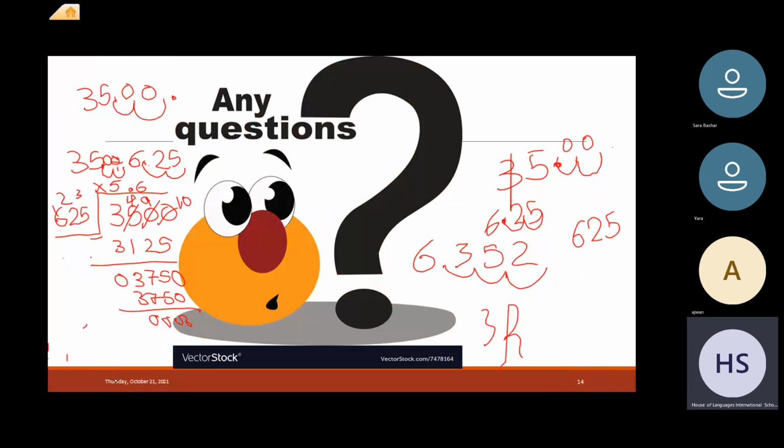How did you get this one? You add a decimal point. When you add a decimal point, you have to add 0 down. I want to continue here. The remainder is 375.